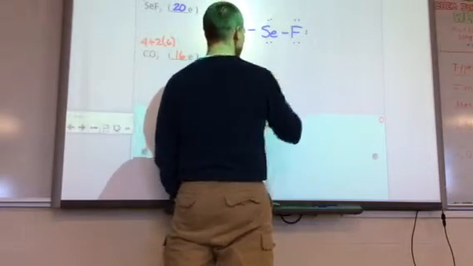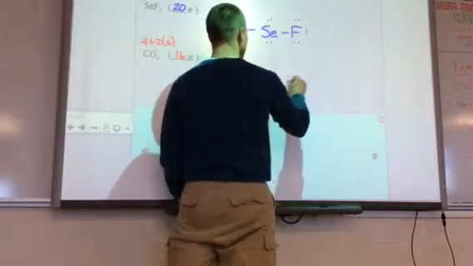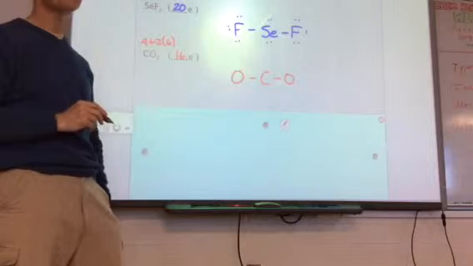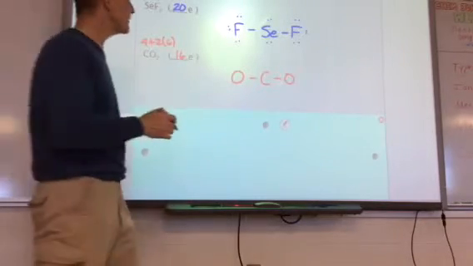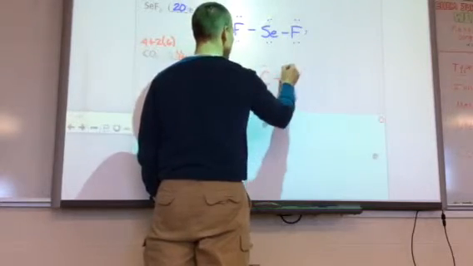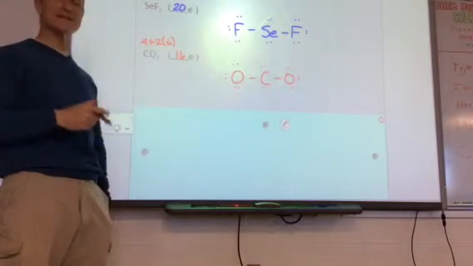Put the carbon in the middle. That one's less electronegative than oxygen. And then connect the oxygens with a single bond. That takes us through step 3. Step 4, add your lone pairs. There they are. Everybody now has 8 electrons.